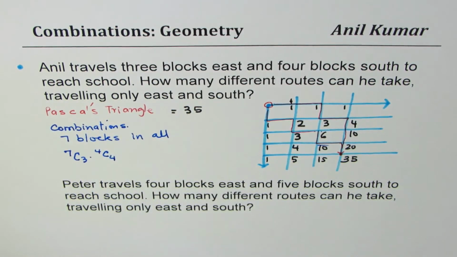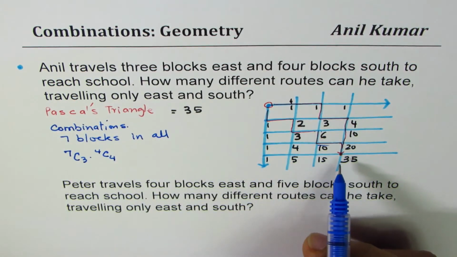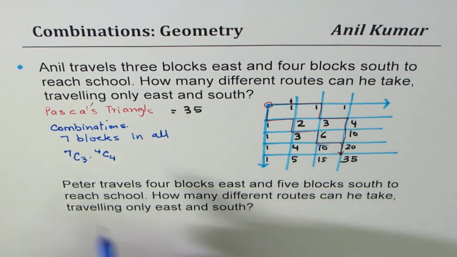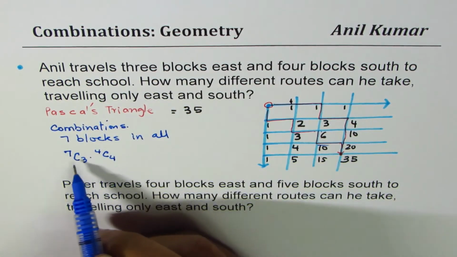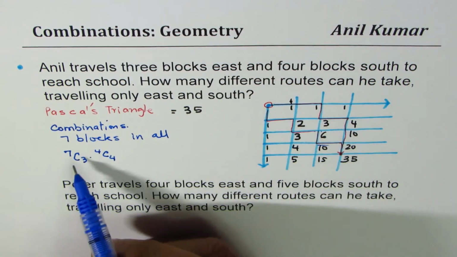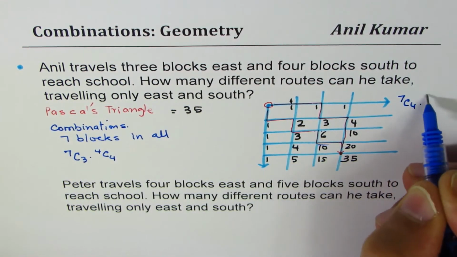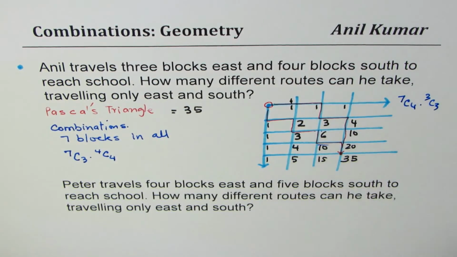Right? So that becomes the total number of combinations of taking a path from the starting point to the end point. Right? So you could travel for south and write it as 7C4 and 3C3, right? You'll get the same answer.